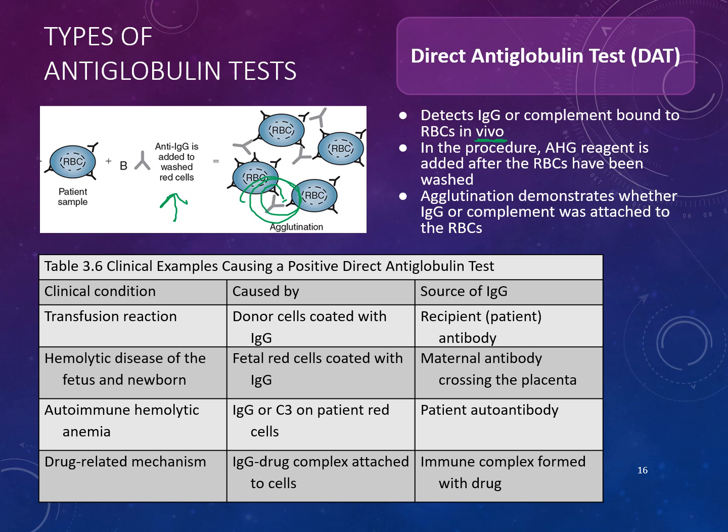Then agglutination demonstrates whether or not there's any IgG or complement. Some examples of when you could get positive reactions include transfusion reactions, hemolytic disease of the newborn, autoimmune hemolytic anemia, and drug-related mechanisms in which there's some kind of IgG drug complex.